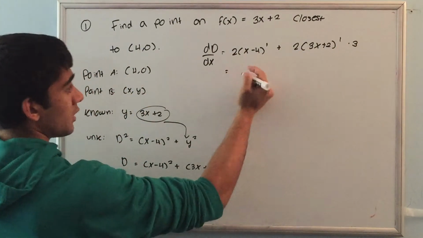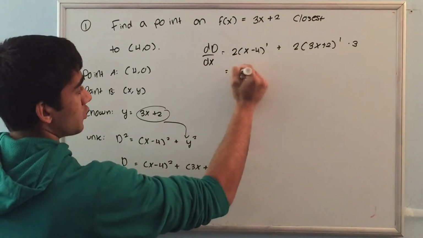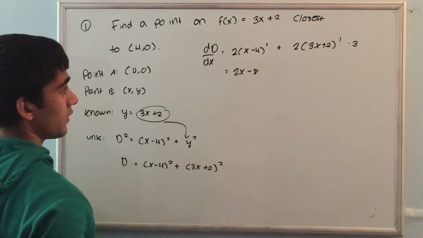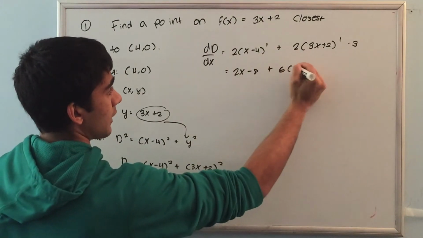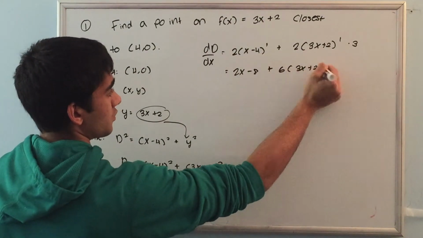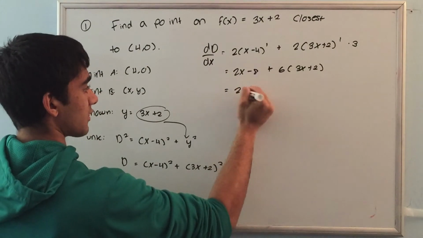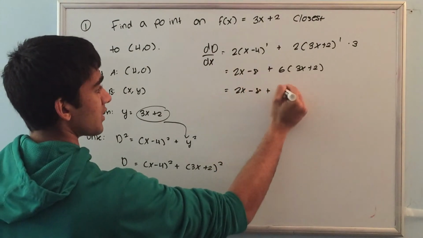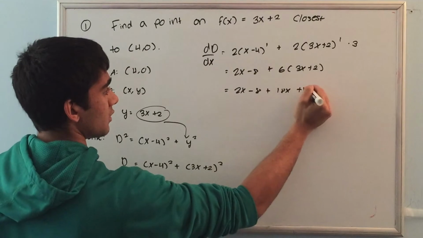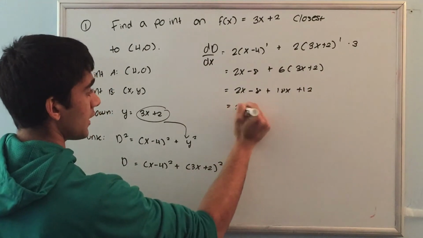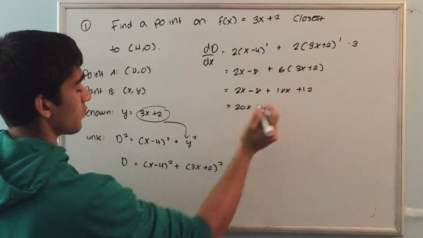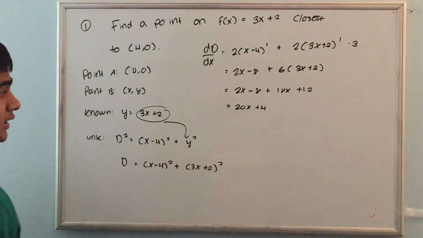This would be 2x minus 8, if we bring the 2 inside, plus 6 times (3x plus 2). This equals 2x minus 8 plus 18x plus 12. Now if we add like terms, we get 20x plus 4. So the derivative is 20x plus 4.